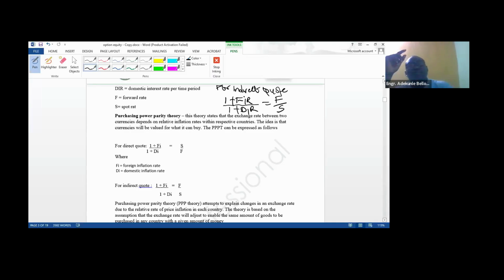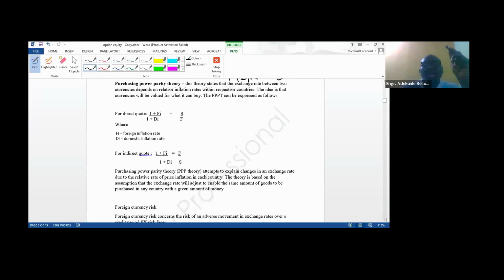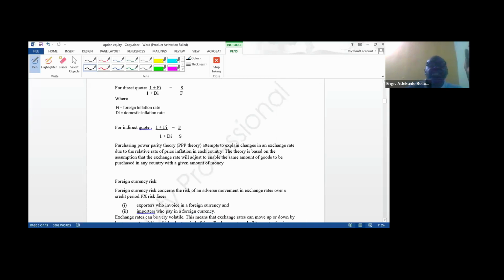Assuming inflation rate in Nigeria is 27%. Inflation rate in US, 2%.